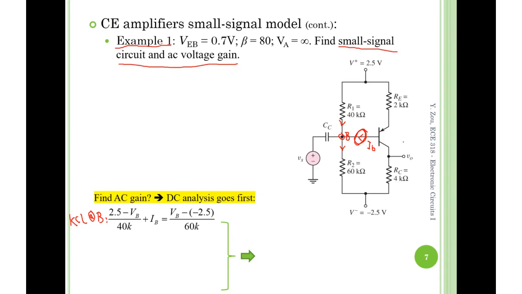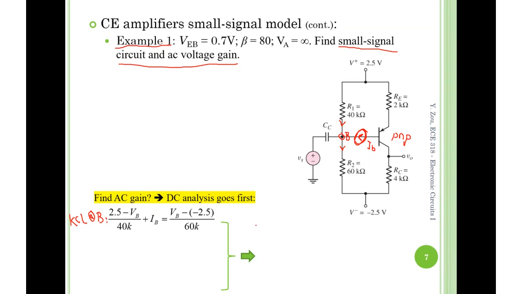PNP, very good, because this is the PNP transistor. Current at the base is leaving the transistor. That's why we know the direction of the IB. So this is the resulting KCL. Any questions regarding this particular equation?